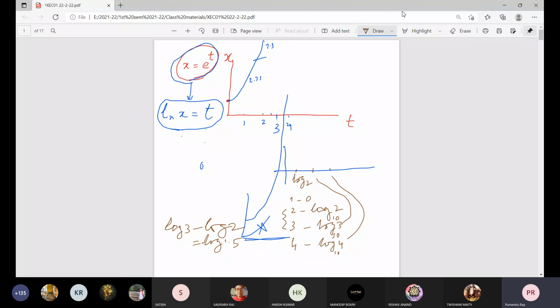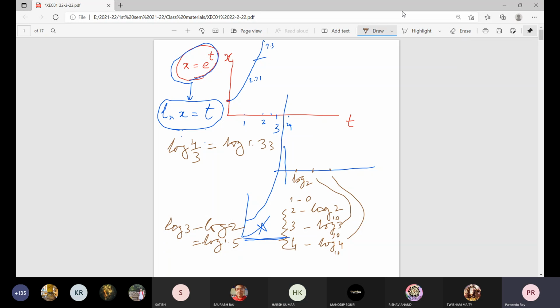Then the gap between log 4 and log 3 is log 4 by 3, that is log 1.333.